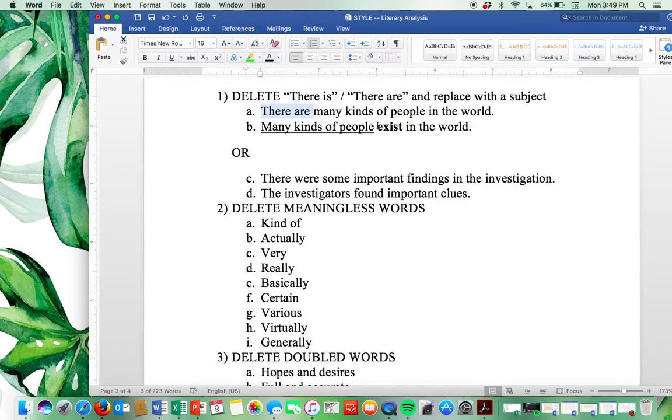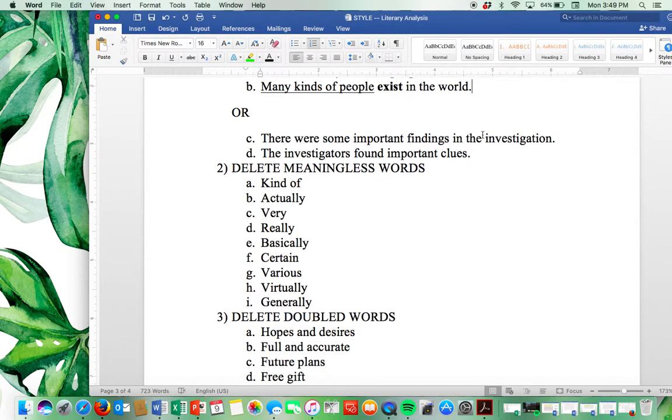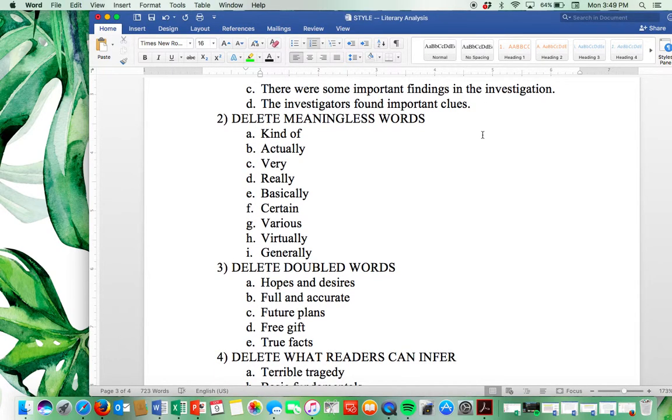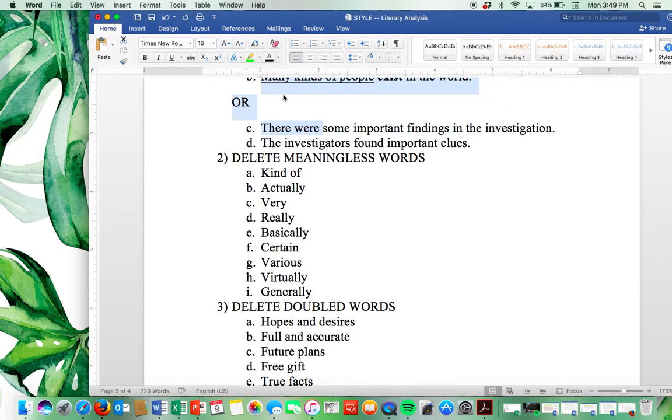So let's change that to make a subject and then an active verb. Many kinds of people, this is a noun phrase, so here's our subject, exist, here's our active verb, in the world. Okay, much more eloquent sentence here. Here's another one. There were some important findings in the investigation.